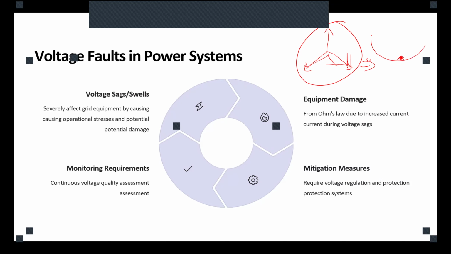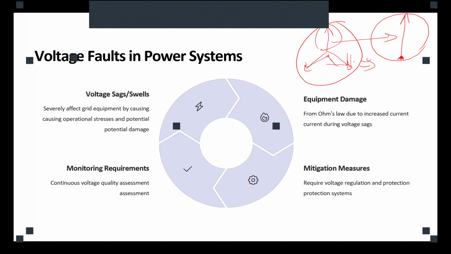So now we have a higher voltage because the reference point is now moved down. We have a higher voltage in our third phase. So a short circuit in our system created an increase in the voltage in a part of our system.